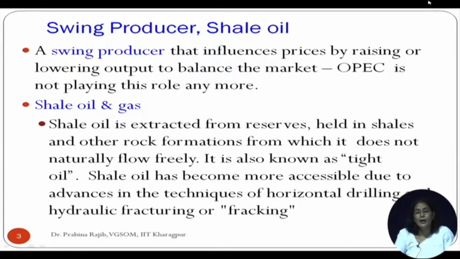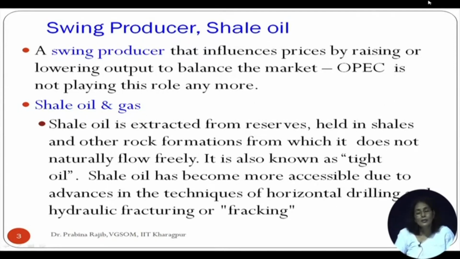And this shale oil is drilled from the underground surface using a technique called horizontal drilling and hydraulic fracturing. This process is also popularly known as fracking. And if you are more interested in knowing how exactly this process is undertaken, you can go to different websites and spend some time to understand more about this process and how shale oil is generated.